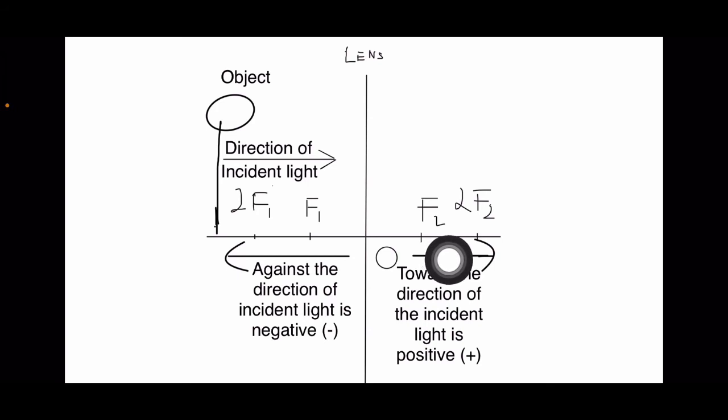Hence, it is always positive. Since the object is always towards the left side, it is negative, and since the image is towards the right side, it is positive in the case of a real image. However, in the case of a virtual image, since the image is formed towards the left side, it is negative. It is always negative.